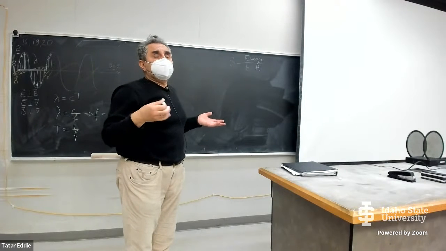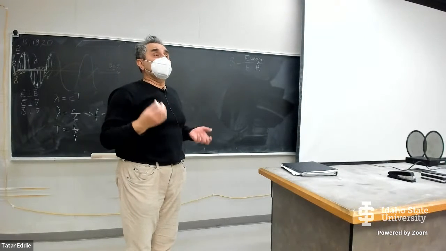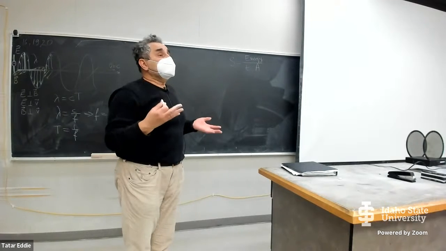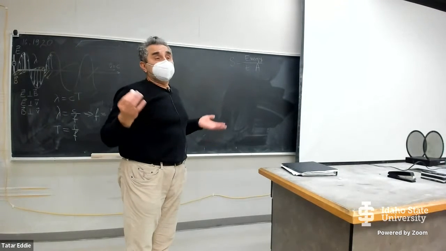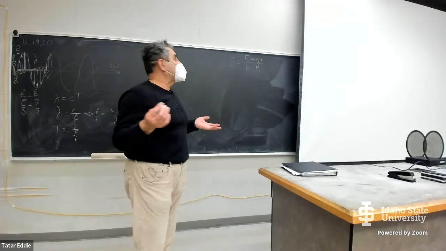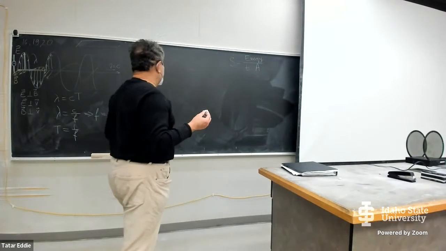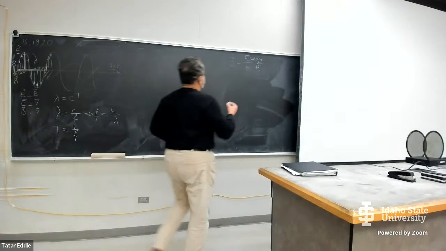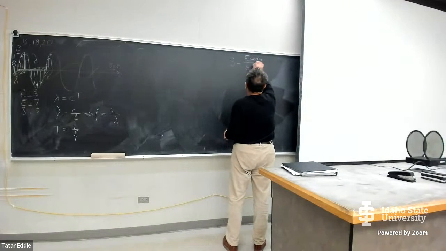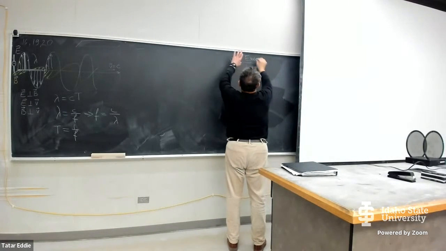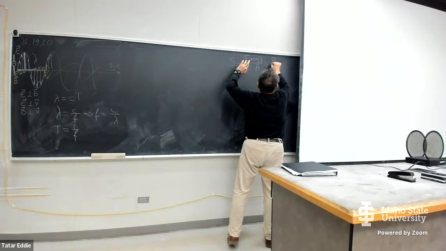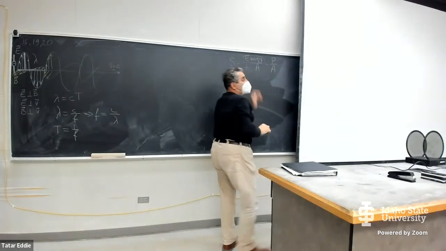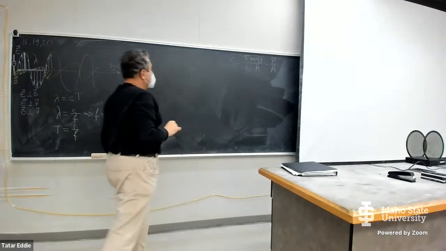Exactly the same definition is the definition for intensity of electromagnetic waves, light or radio waves or any other part of the electromagnetic spectrum. Now the energy per unit time is also power. So you get power per unit area.